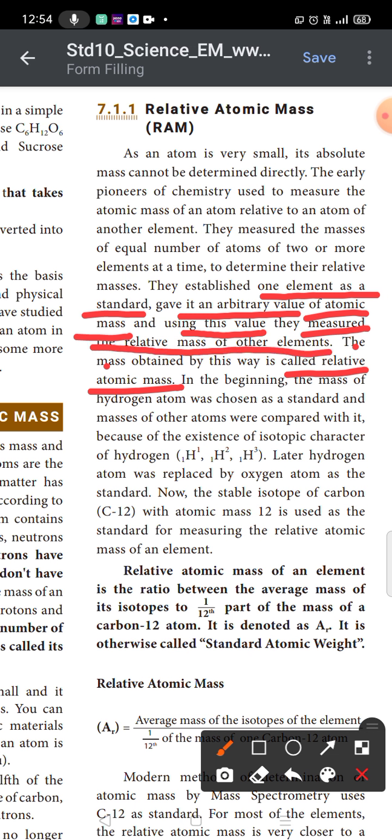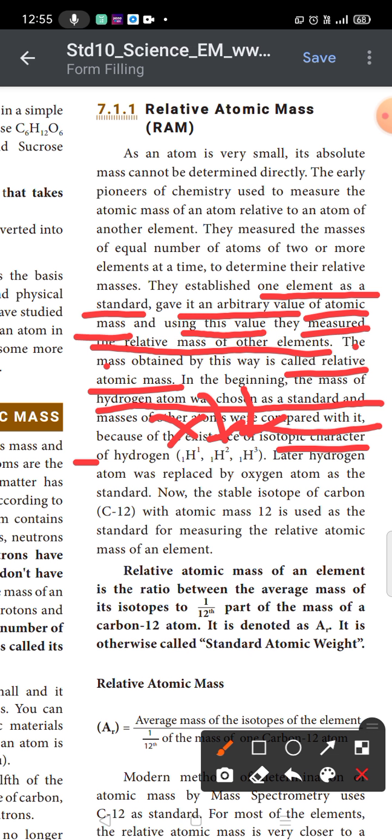The mass obtained this way is called relative atomic mass. First they took hydrogen. The hydrogen atom was chosen as a standard and masses of other atoms were compared with it. What are the isotopes of hydrogen? 1H1, 1H2, 1H3: the first one is called protium, the second deuterium, the third tritium.